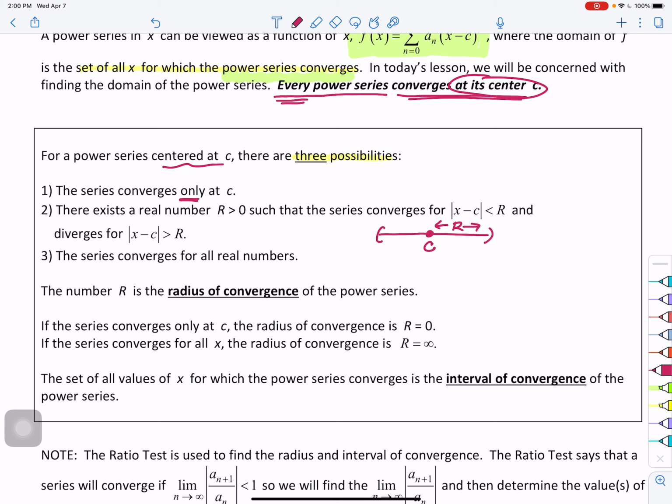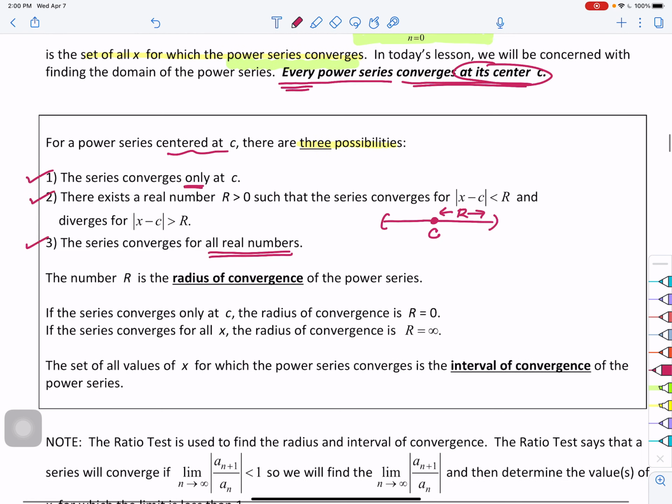Then you could have this last case where the series converges for all real numbers. So let's go through this again. Only at the center there is convergence. At the center and within an interval about the center, and all real numbers.